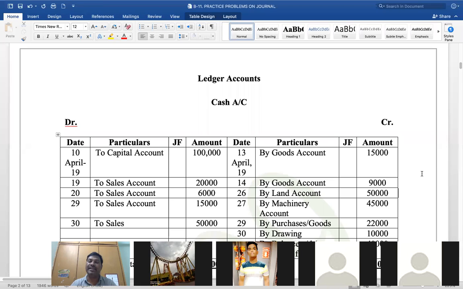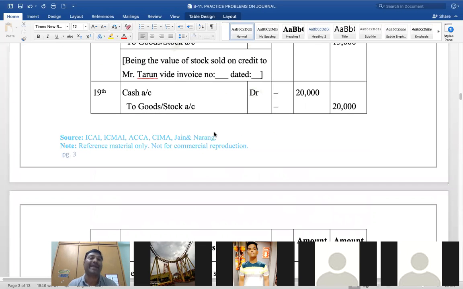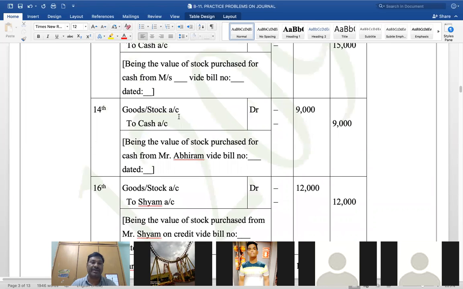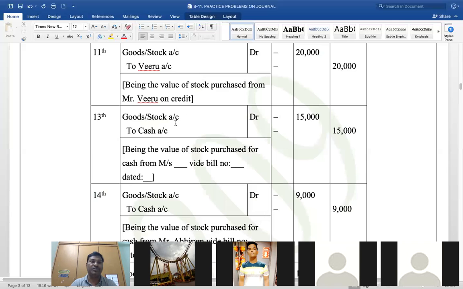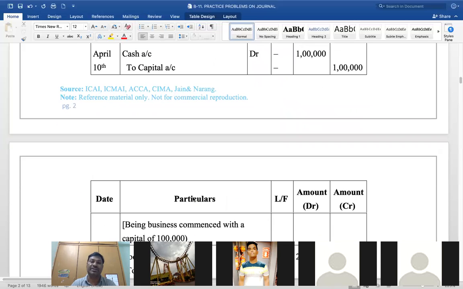For all the items written in the journal, you have to prepare a separate account, just as you prepared the cash account: goods account, sales account, Tarun account, Sham account, and so on. Every account will have its own set of items. All these accounts appear in one book called the ledger.